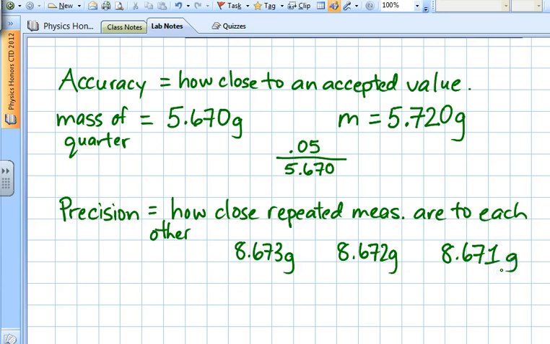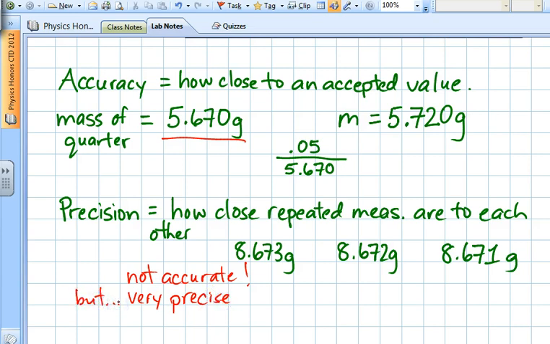So we already know that that's not very accurate. The reason we know it's not accurate is that the real value, the accepted value, is 5.670. So we are not accurate at all. But these values are all very close to each other, so we would say that they're very precise.